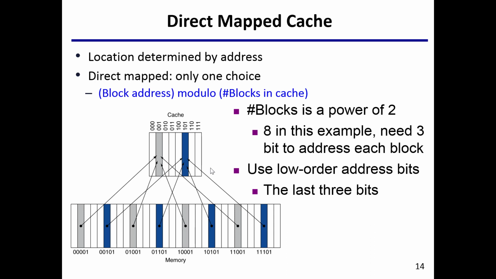In this case you take 3 bits, because there's 8 slots and the log base 2 of 8 is 3. I take 3 bits out of the address, and that tells me exactly where that address would go in the cache. You guys with me? Okay.